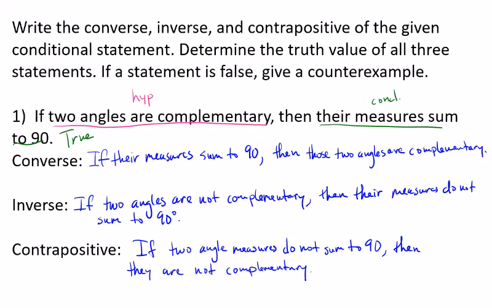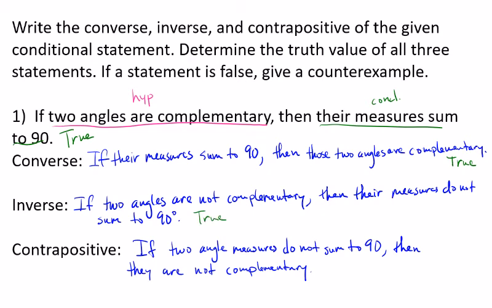Yeah, I would say that's also true, right? Inverse, if two angles are not complementary, then their angles do not sum to 90. That's true, right? If they're not complementary, then they don't add up to 90 degrees.